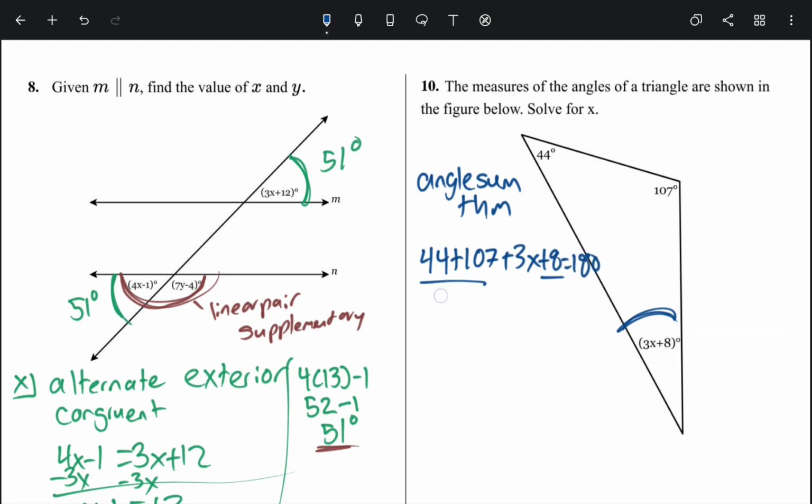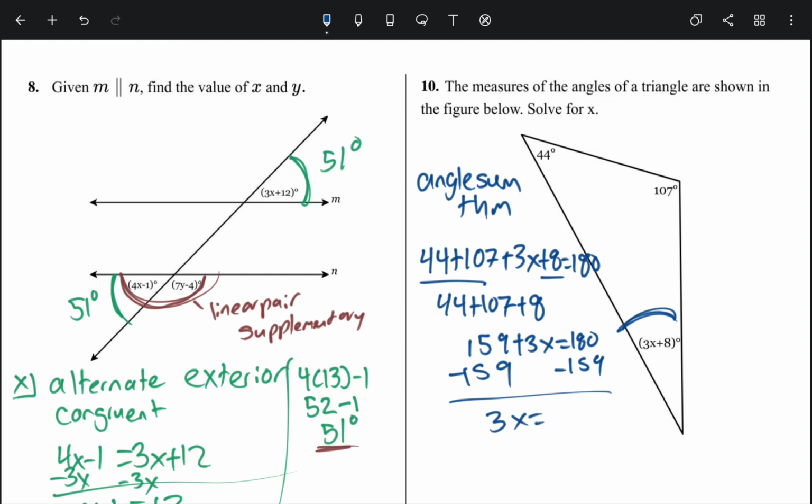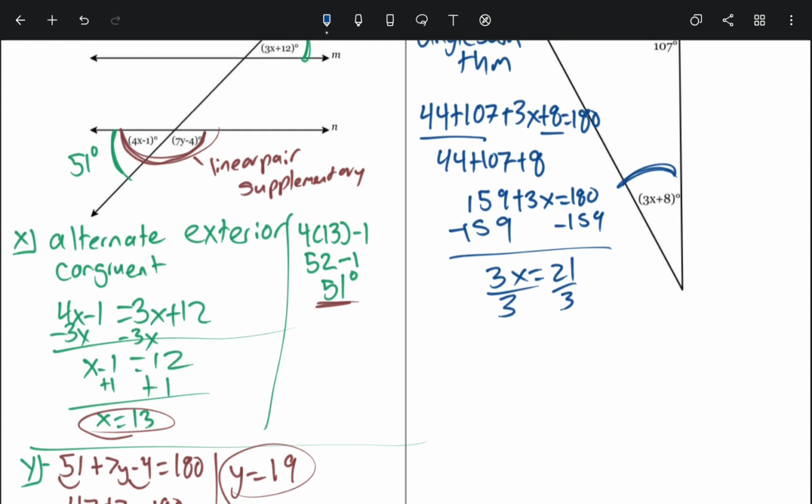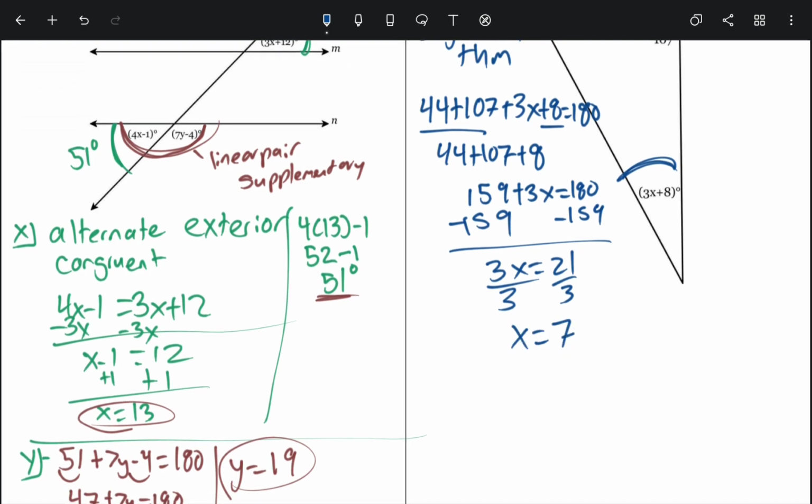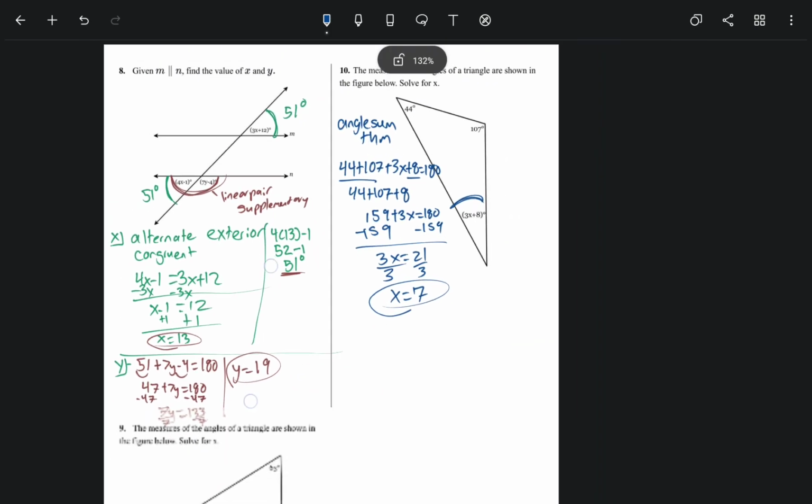Combine like terms, so 44 plus 107 plus 8 gives us 159 plus 3x equals 180. Subtract 159 from both sides. I see we got 3x equals 21. Divide both sides by 3. We get x equals 7. And you are done.